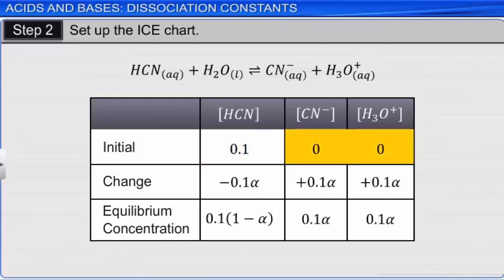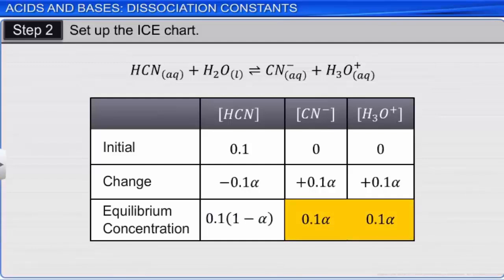Since the reaction is yet to happen, the change in concentration on proceeding to equilibrium in terms of alpha is minus 0.1 alpha for hydrocyanic acid and plus 0.1 alpha each for CN minus and H3O plus ions. The equilibrium concentration of hydrocyanic acid is 0.1 multiplied by 1 minus alpha and 0.1 alpha each for cyanide and hydronium ions.